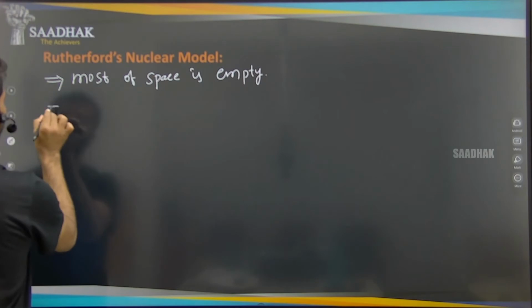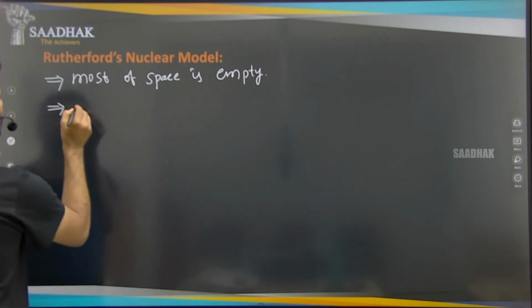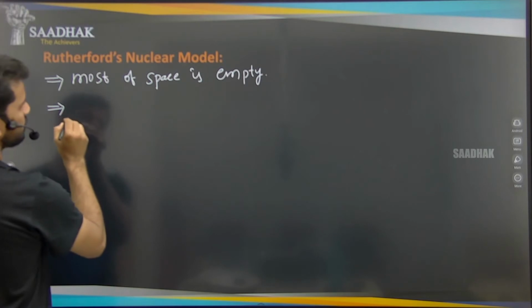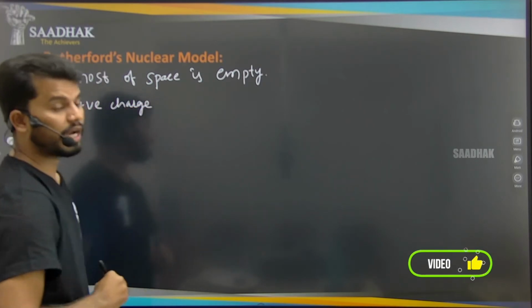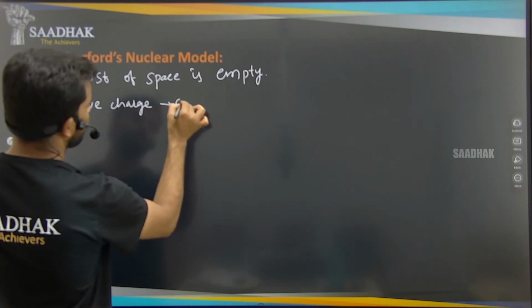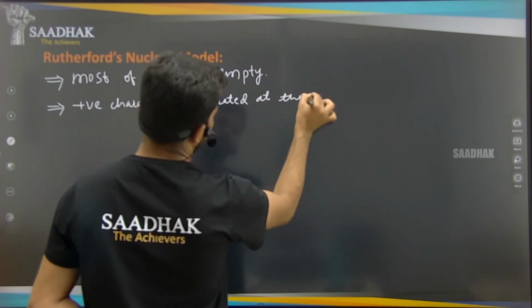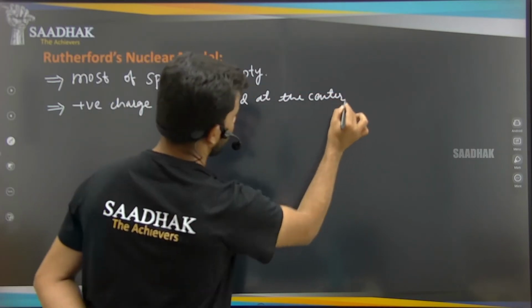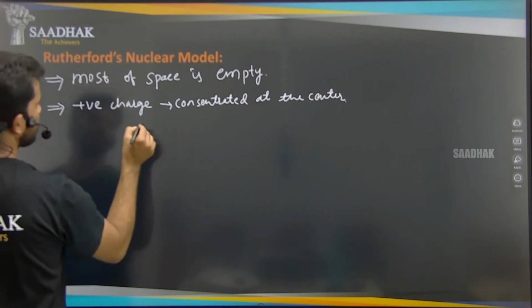And in the second point, he said that the positive charge is concentrated at the center of the atom, and he named it the nucleus.